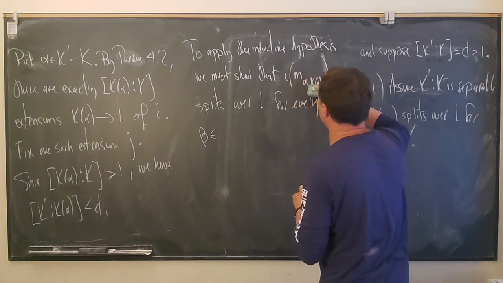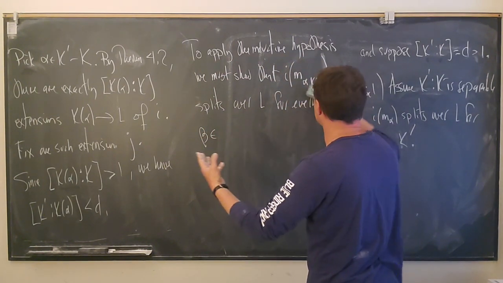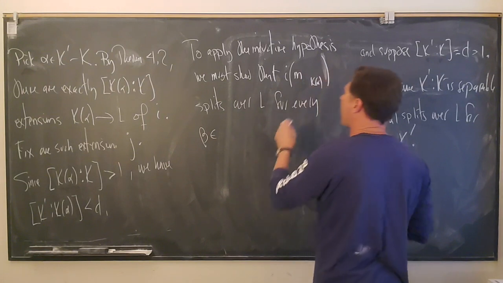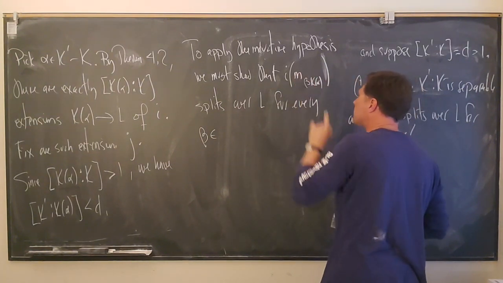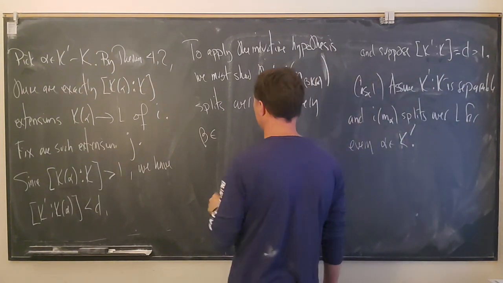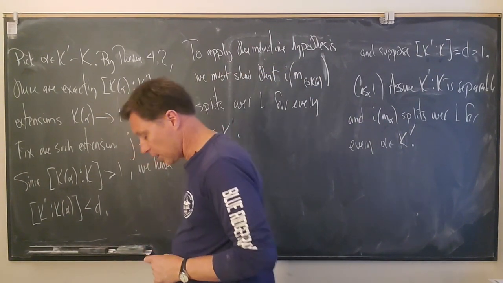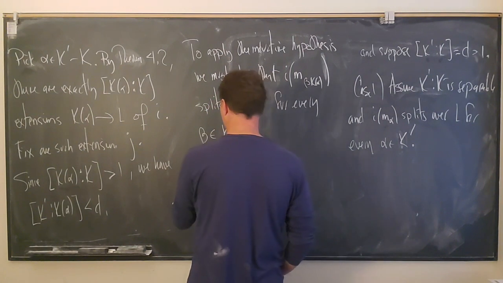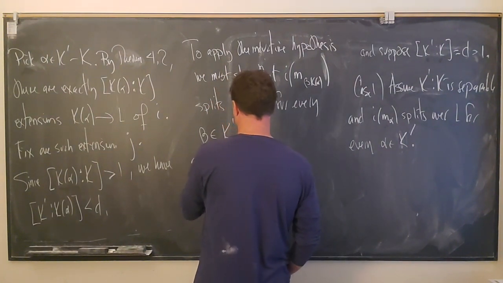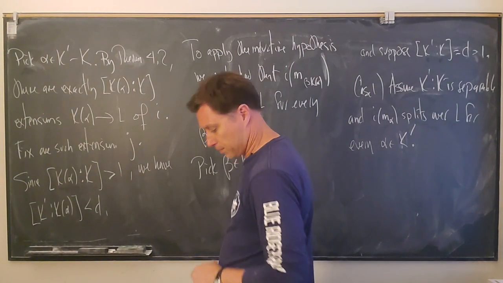I need to call that m sub beta, k adjoin alpha, for every beta in k prime. So let's do that. Let's pick beta in k prime.